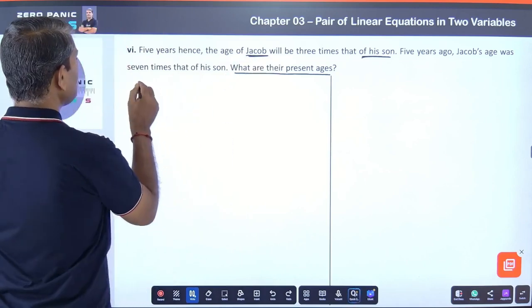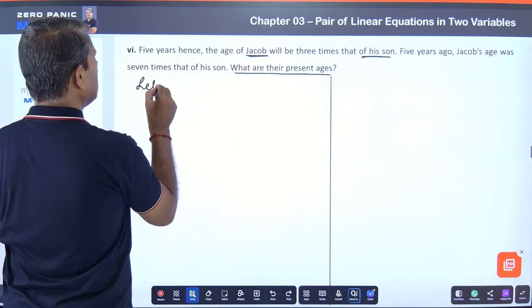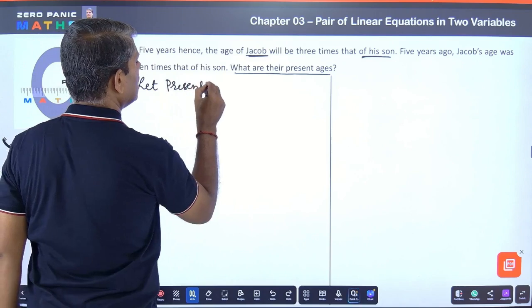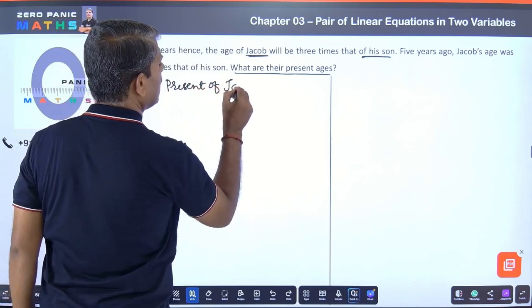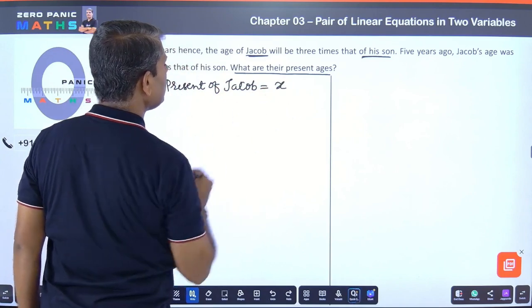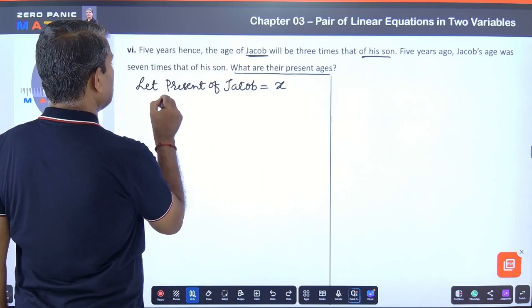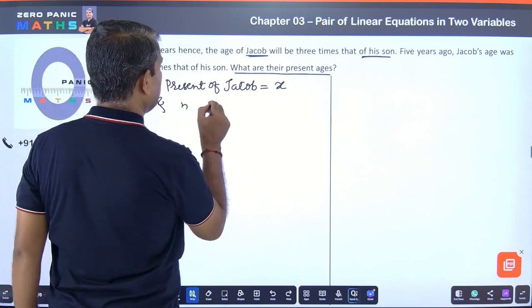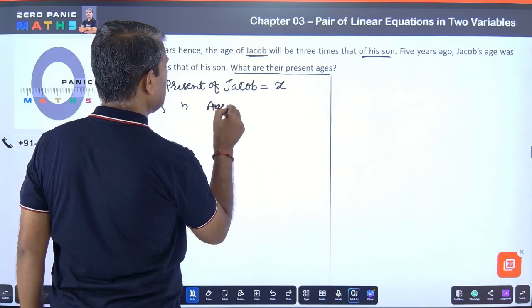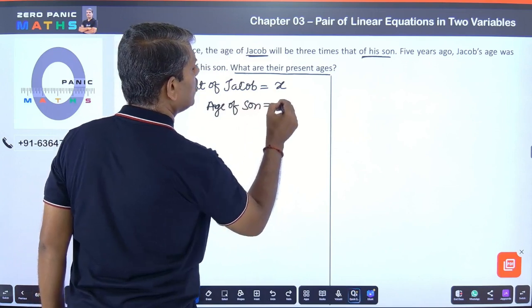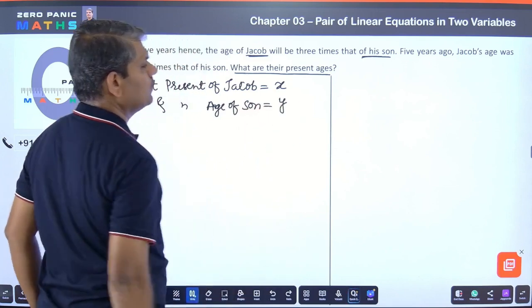So let present age of Jacob be x, and present age of his son be equal to y.